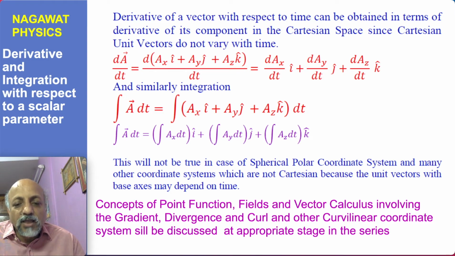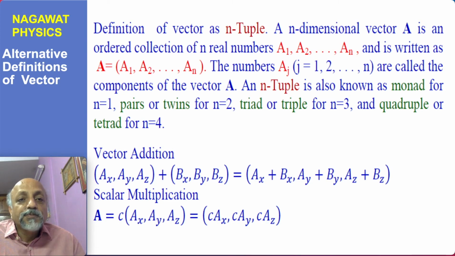I am concluding the vector algebra in this particular talk, and all these issues would be discussed at an appropriate stage later in the series. So this cannot be considered a standalone complete course on vector algebra and analysis, and it does not include vector calculus and fields. There are certain alternative definitions of a vector which I wish to make clear to you, and I hope you will keep them in mind.